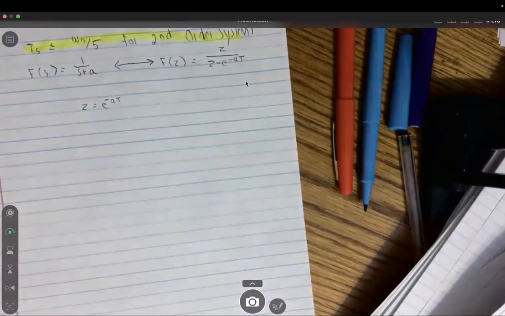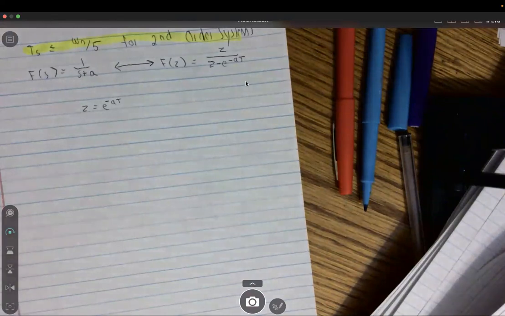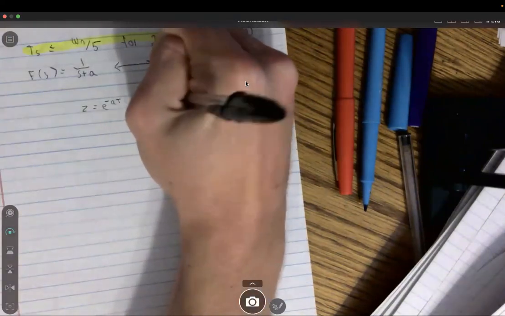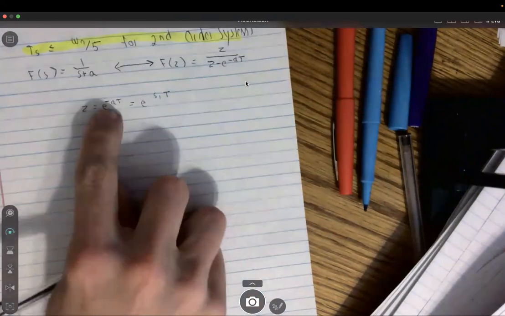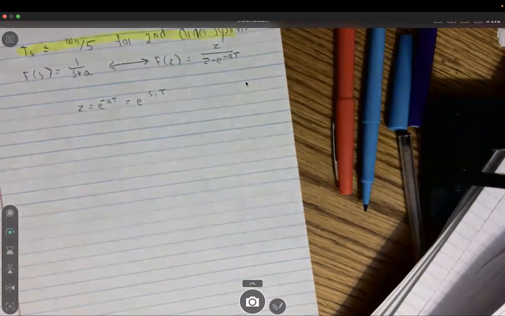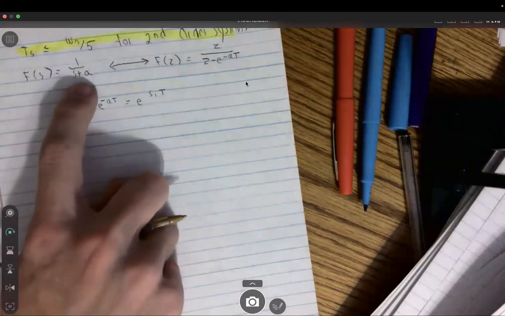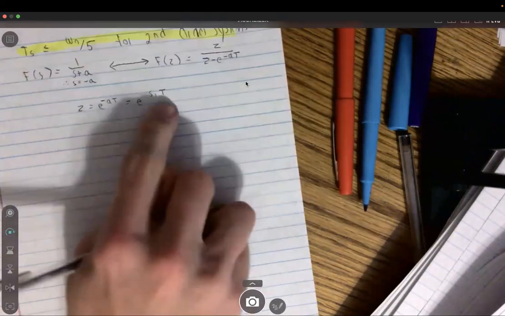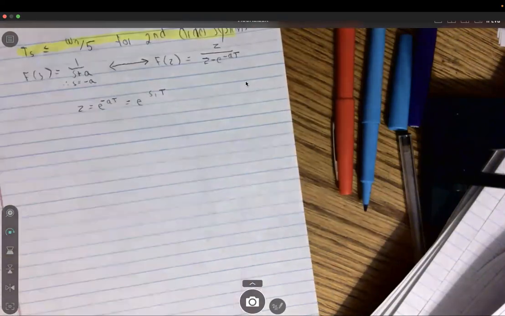And so here, if you solve for Z, your pole is going to equal E to the negative AT. Remember from first order systems, your S is equal to negative A, so this is going to be E to the S1 T. When we had 1 over S plus A, S is equal to negative A, and plugging in for S, that's how you get this format right here.